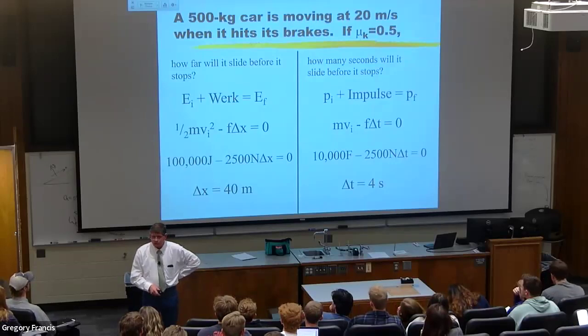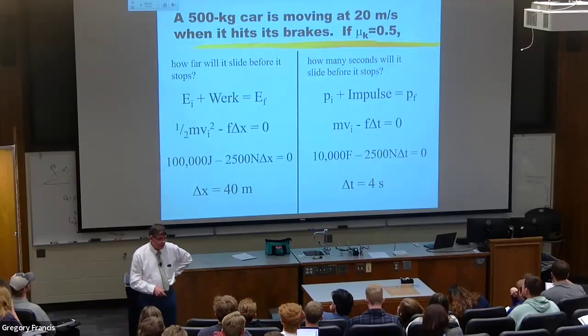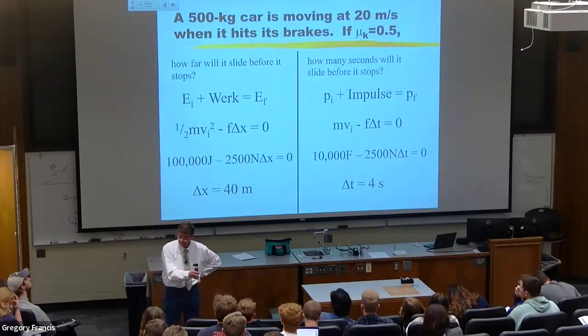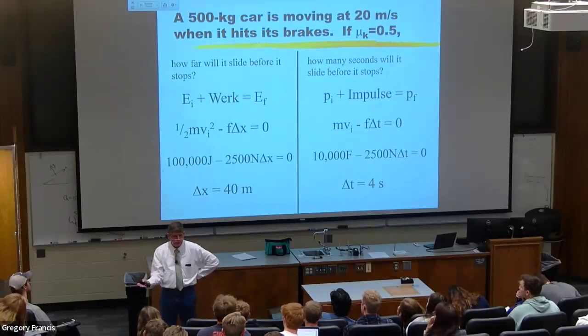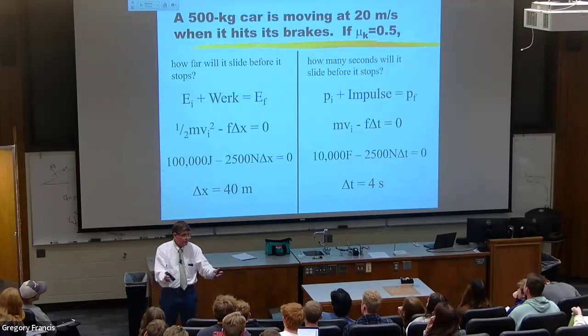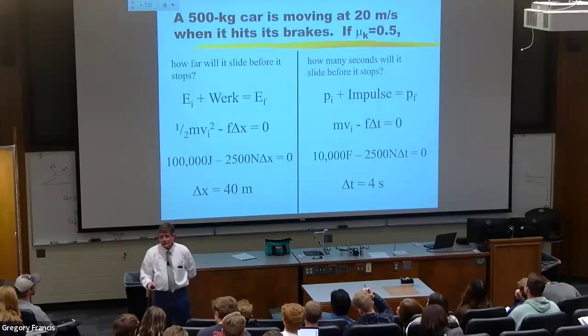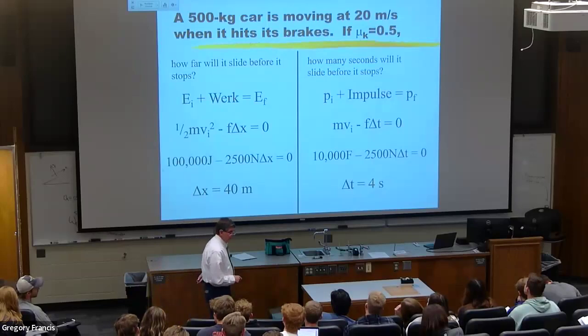Well, the car's only going 20 meters per second when it first slams on the brakes, and then it slows down to 0. To see how far it gets down the road, I don't want the fastest speed of 20. I don't want the slowest speed of 0. I want the average speed halfway in between, which would be 10 meters per second. So in 4 seconds, it travels 40 meters down the road.